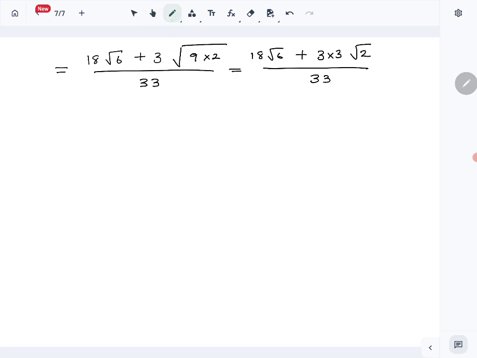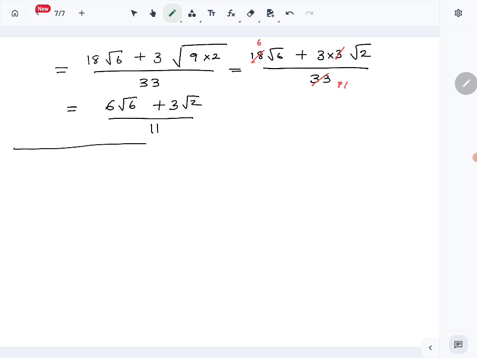So you can cancel a multiple of 3. So this will give you 11. 1 3 you can cancel. 18 divided by 3 is 6. So now you can write the final answer. So you have what? 6 square root 6 plus 3 square root 2 divided by 11. So the denominator is rationalized, right?